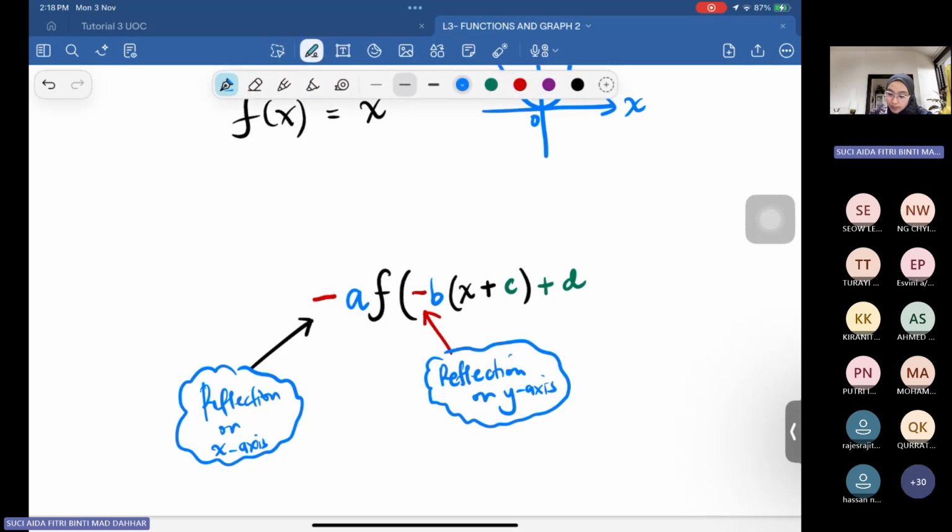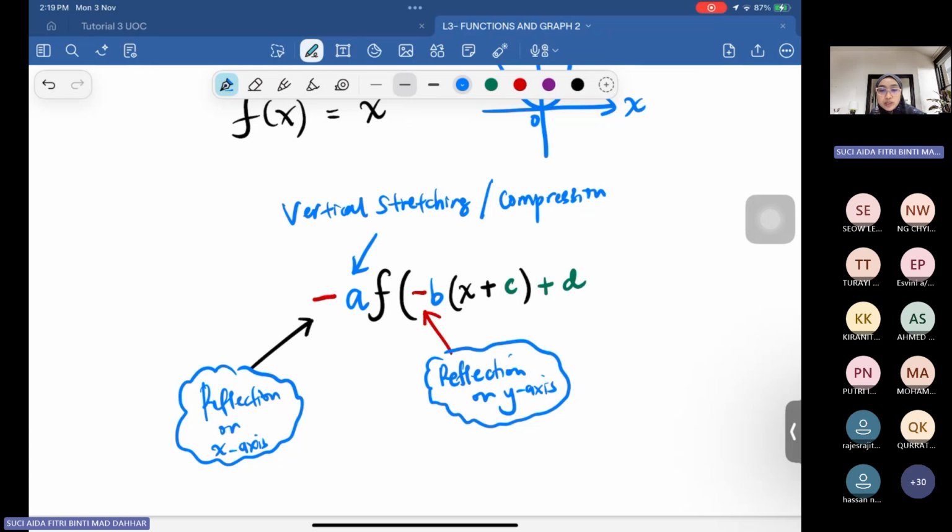Multiplying by a in the front, outside the f function, what does this do? This could be a stretching or a compression on y, so I call it vertical stretching or vertical compression.